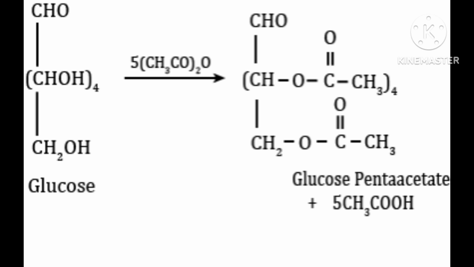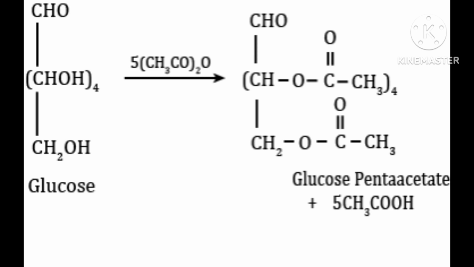Here the first carbon is CHO, and the last carbon is CH2OH. Forget these; now think about the four OH groups. The second and third carbon OH are in opposite directions.